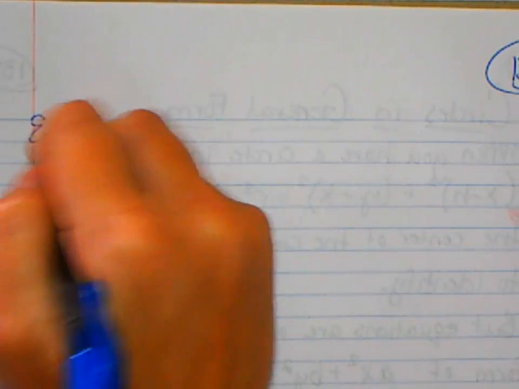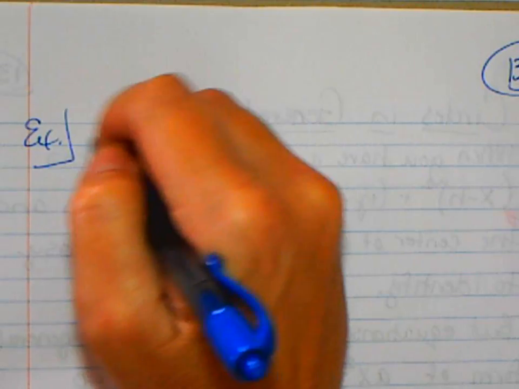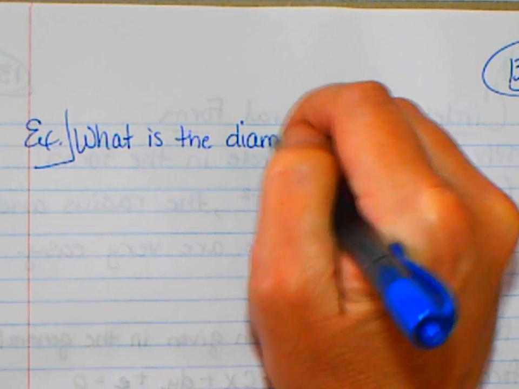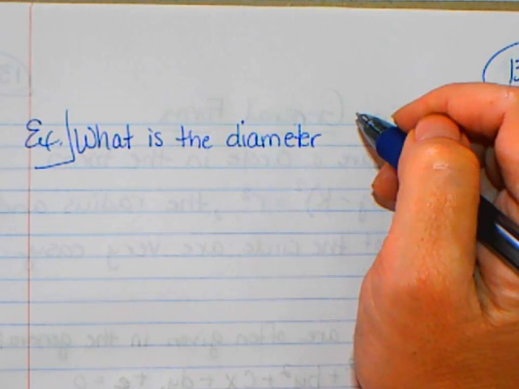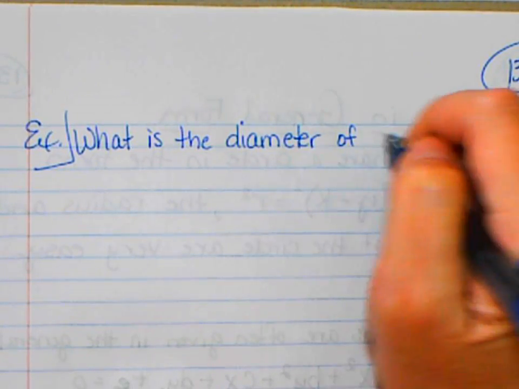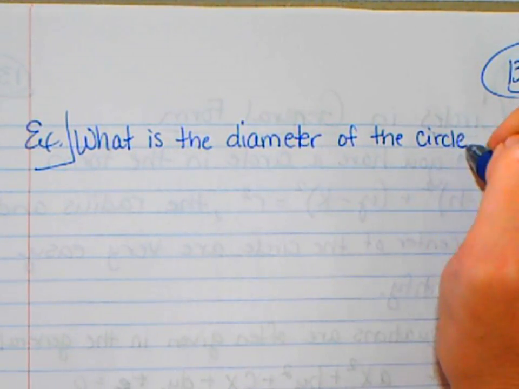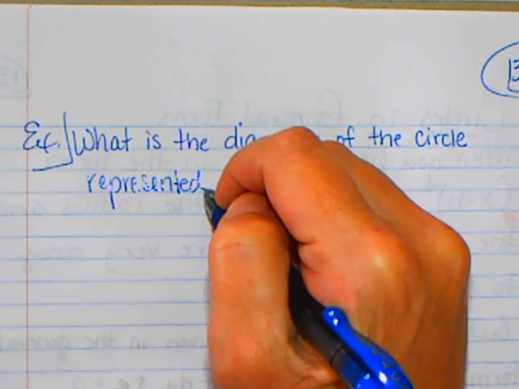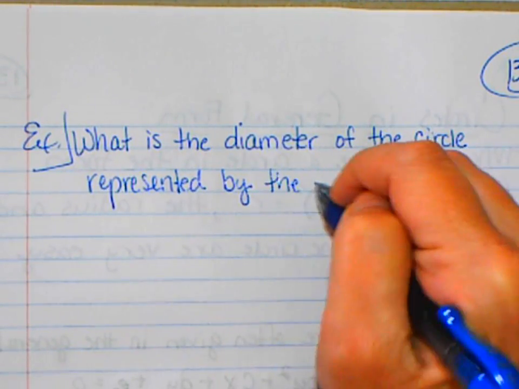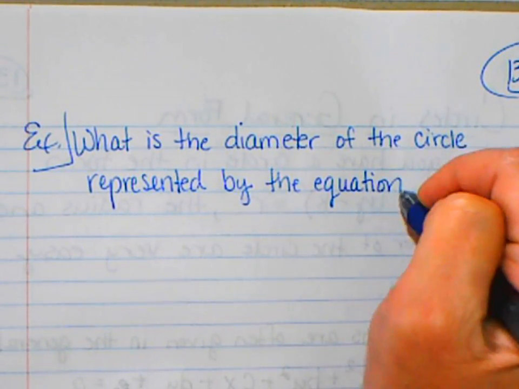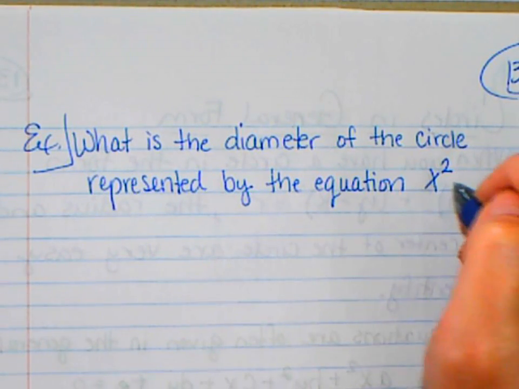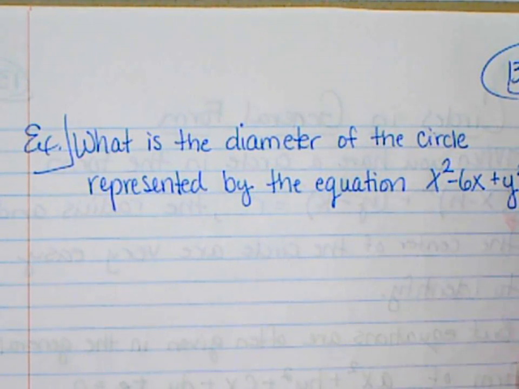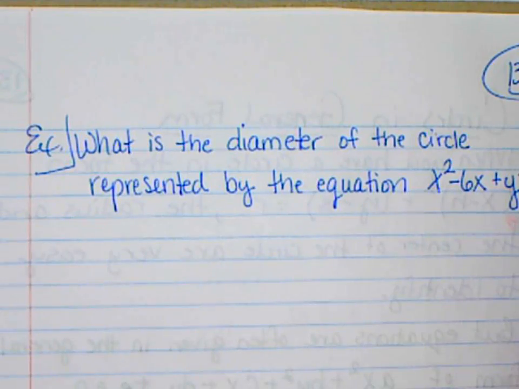Alright, this one says, what is the diameter of the circle represented by the equation x squared minus 6x plus y squared plus 8y equals 0.